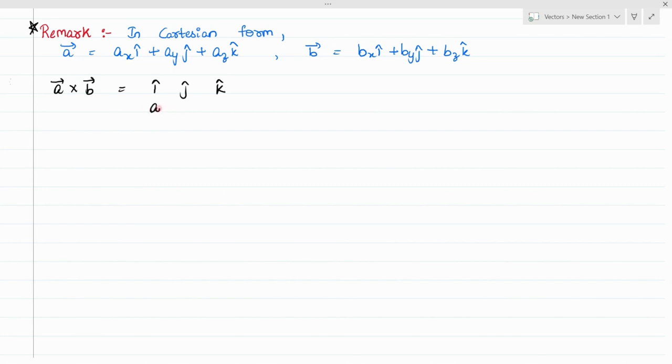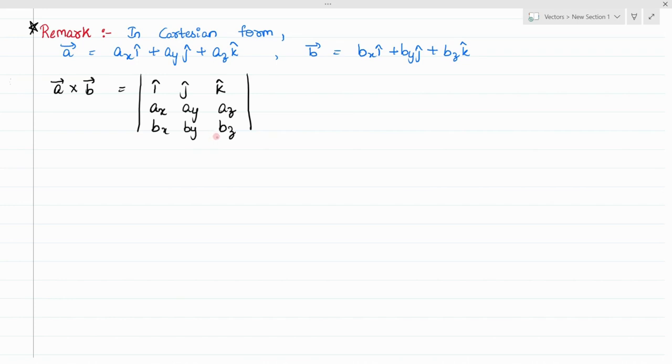Next we'll write the coordinates of A, that is AX, AY and AZ. And in the last row we'll write the B coordinates, that is BX, BY and BZ. And now we'll take the determinant of this whole thing. I hope you all know how to find the determinant.